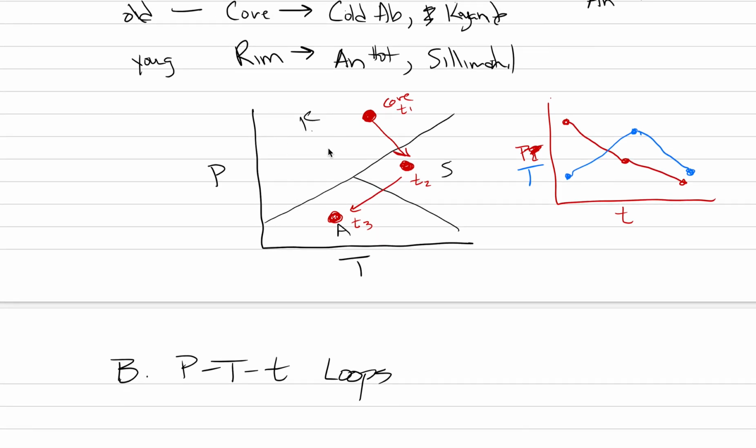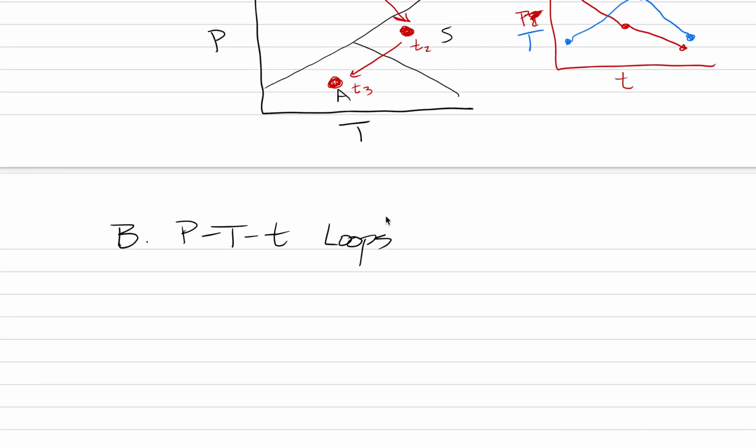You go deeper into the Earth, then you start to exhume towards the Earth's surface. That's a PTT loop. In this case, notice it's clockwise direction. That's a very normal direction. In fact, there's something we should add right here. This returning to the surface is called exhumation. We'll put that word in again later.